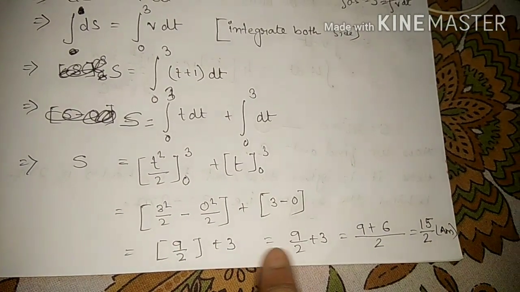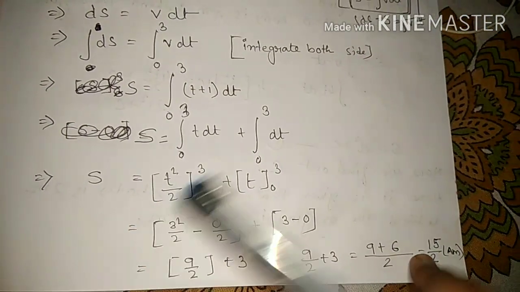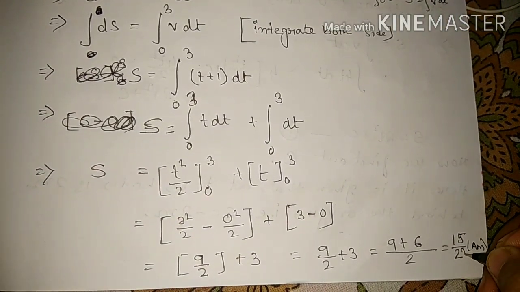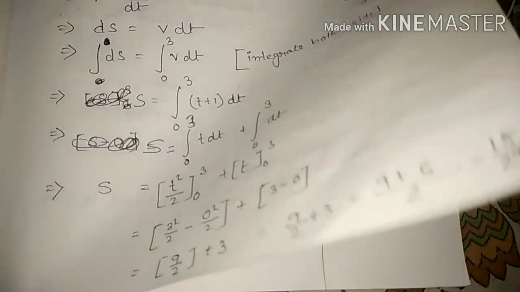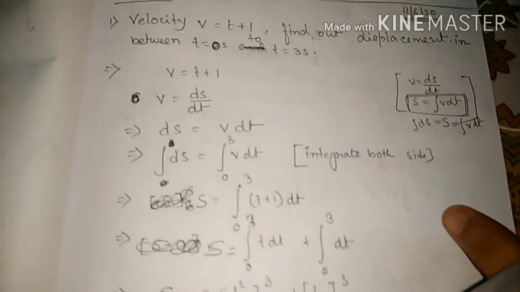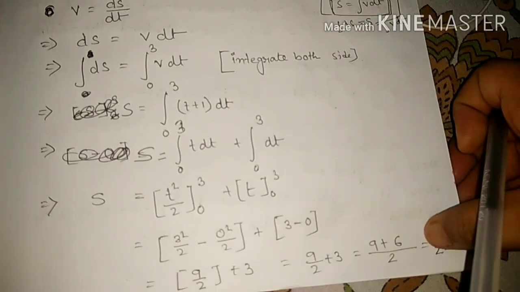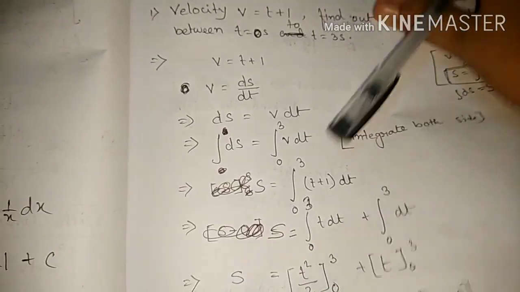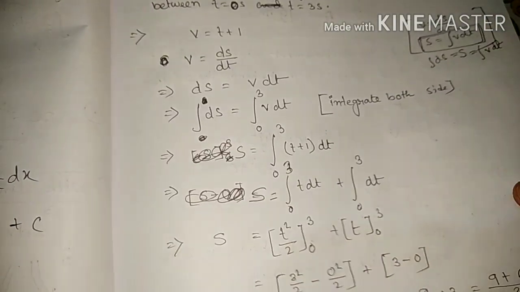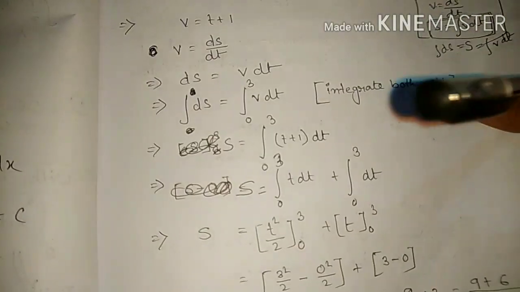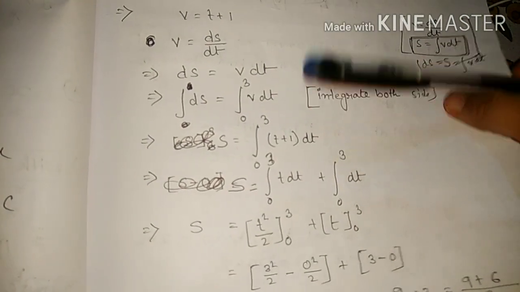After calculating, we have 15 by 2 meter. The unit is meter. Clear? So the displacement between t equals 0 second to t equals 3 seconds is 15 by 2, that means 7.5 meter. In this way we can solve if the limit is given.